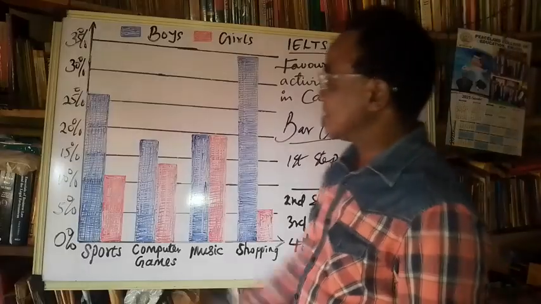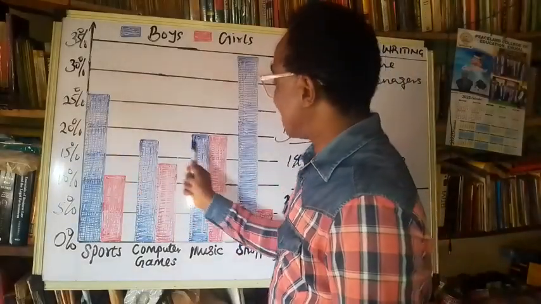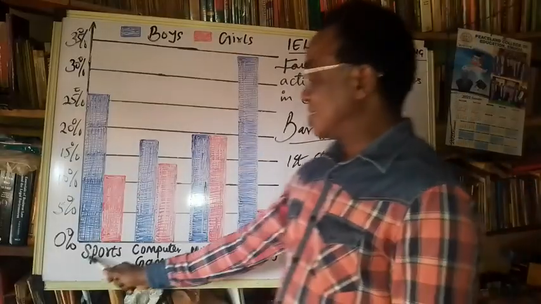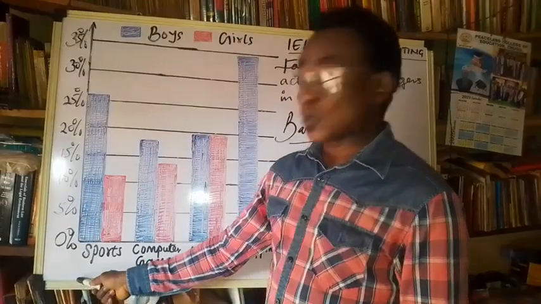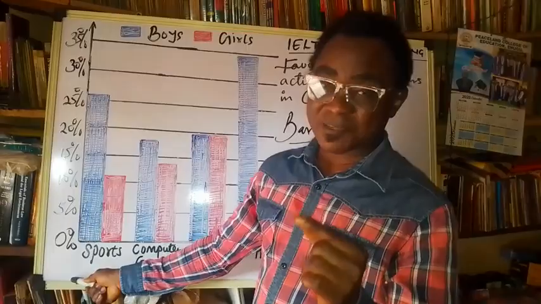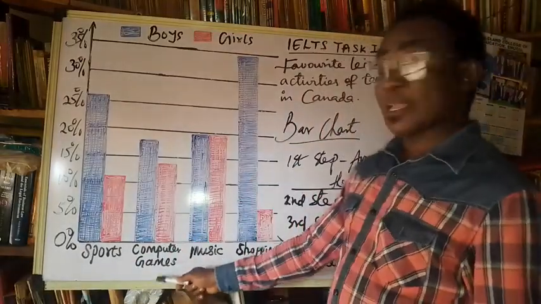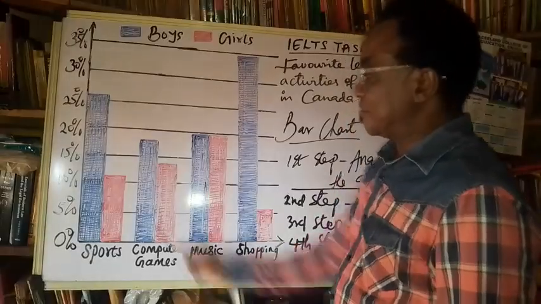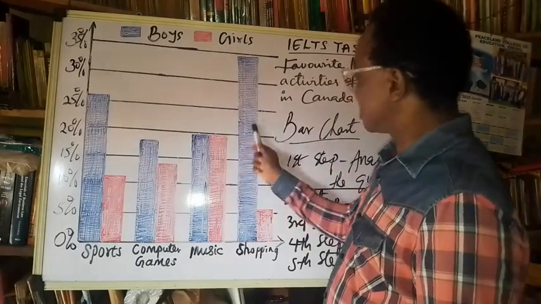For instance, the blue bars represent the percentage of boys that took part in sports as their favorite leisure, in computer games, in music, and in shopping.